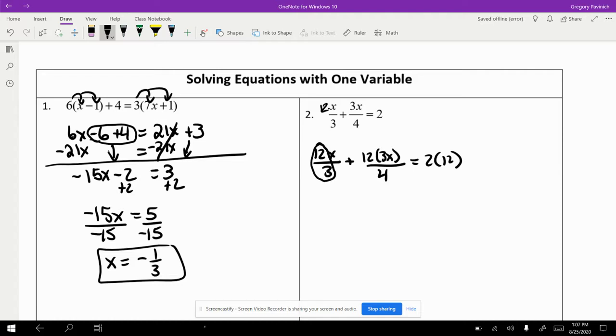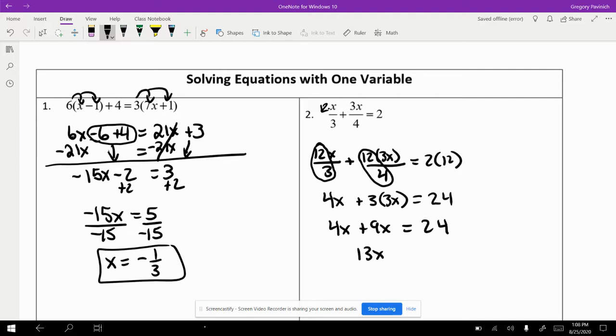And so I get 12 divided by 3 is 4x. 12 divided by 4 is 3. And notice I still have to multiply it by that 3x. I get 24. I would get 4x plus 9x.